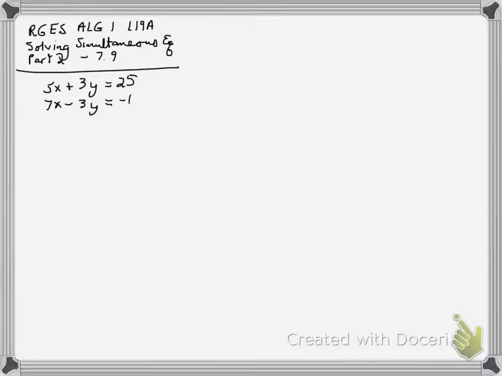I notice that both the numerical part and the variable are the same in the y's. So if I added these two equations together, my x's would be 12x, positive 3y and negative 3y would be nothing, and 25 minus 1 would be 24.